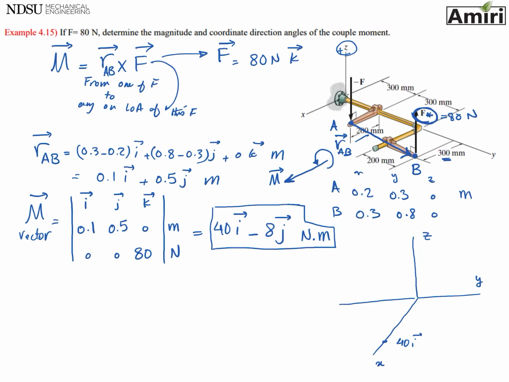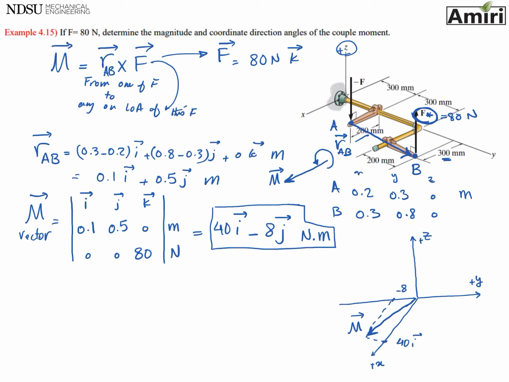The y component of it is minus 8J, which is right here, minus 8. So my moment is pointing this way. This is the moment that I just found. Okay?